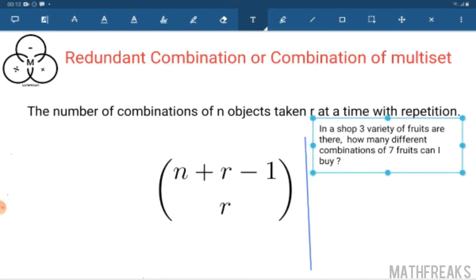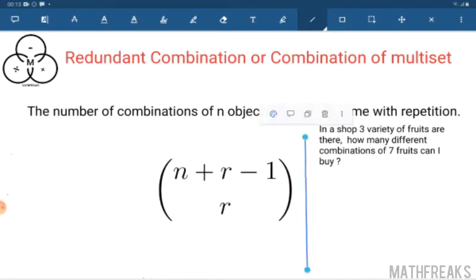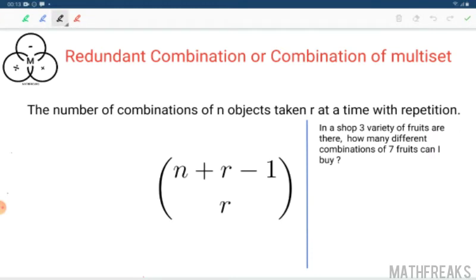In a shop, 3 varieties of fruits are there. How many different combinations of fruits can I buy? So based on this formula, we are having n things, 3 different things.